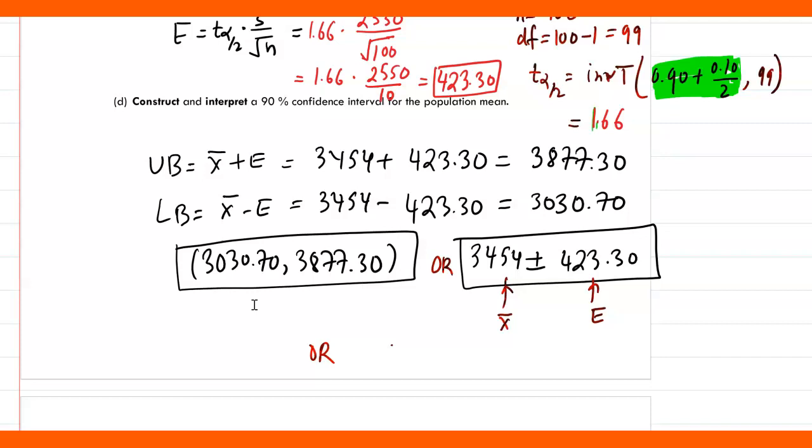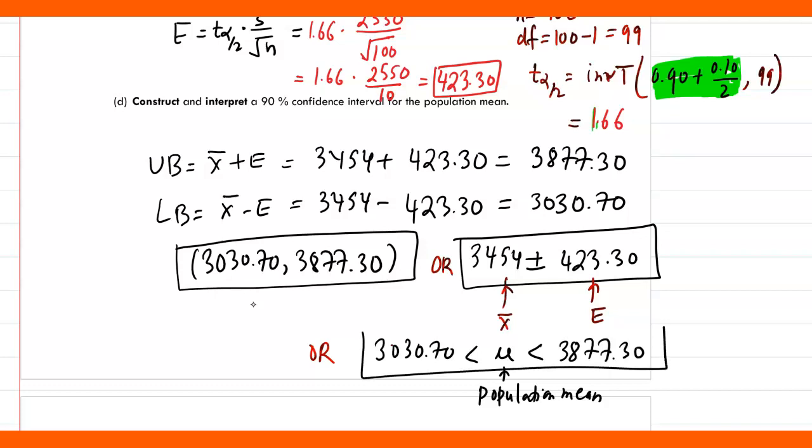As an inequality, you can write lower bound less than mu, that's the population mean, less than upper bound 3877.30, and that's another format. You notice that you have all these different formats for a confidence interval. Either way, it's the same answer.